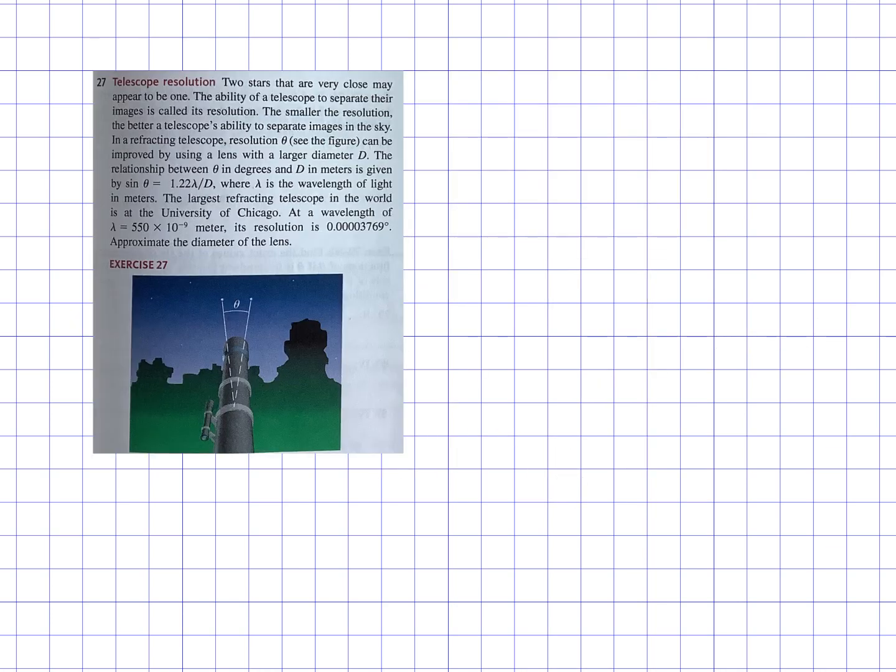Telescope resolution. Two stars that are very close may appear to be one. Okay, the ability of a telescope to separate their images is called its resolution. The smaller the resolution, the better a telescope's ability to separate images in the sky. In a refracting telescope, resolution theta can be improved by using a lens with a larger diameter.